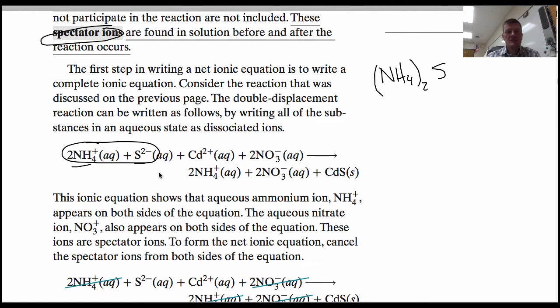That's from one solution. And then in the other solution we took the cadmium nitrate, put that into water, and it broke apart into ions, creating these two ions right there. Then we mix them together.